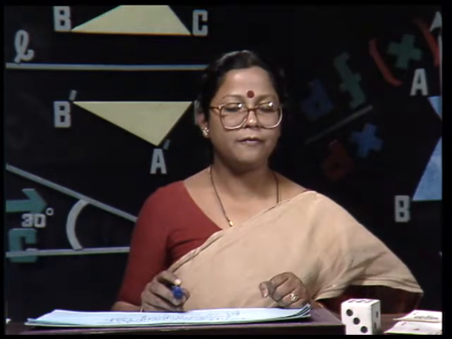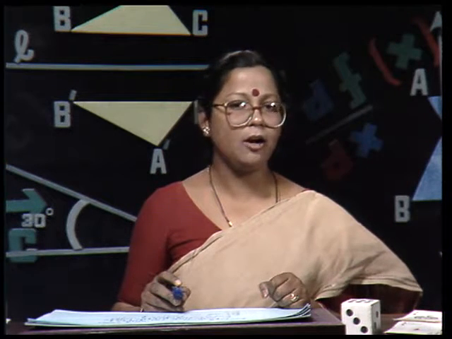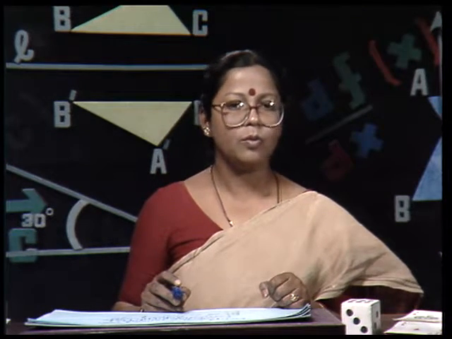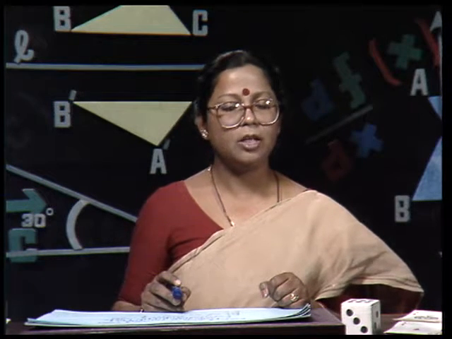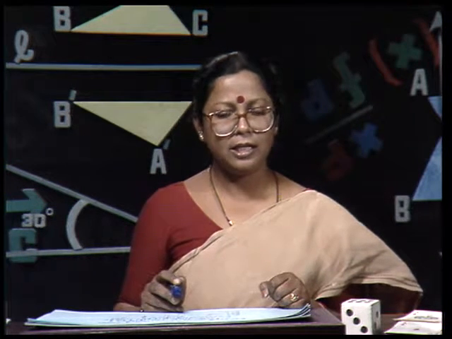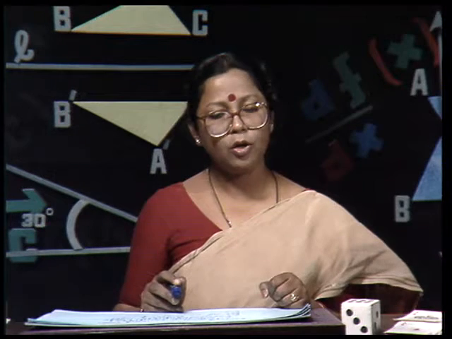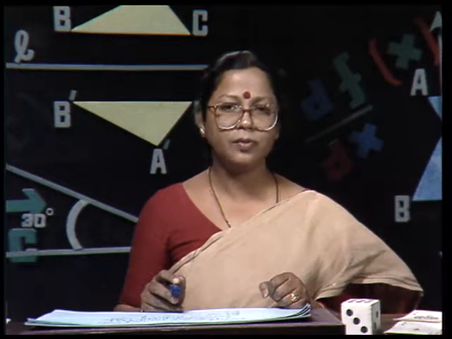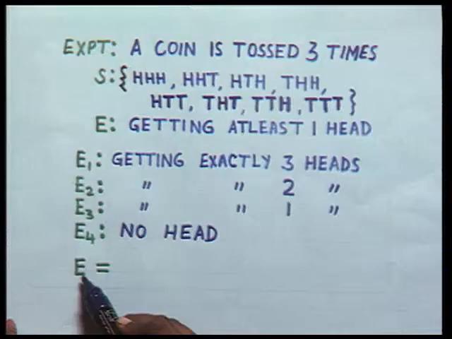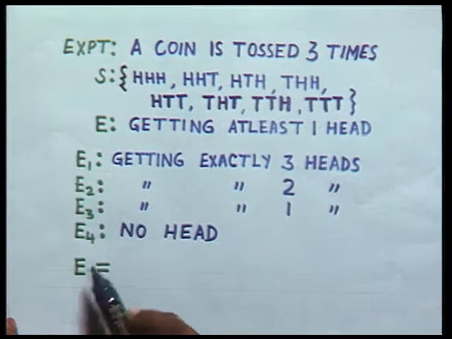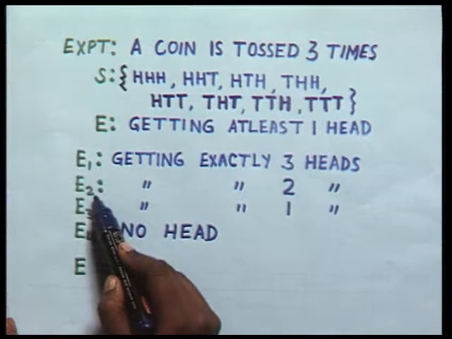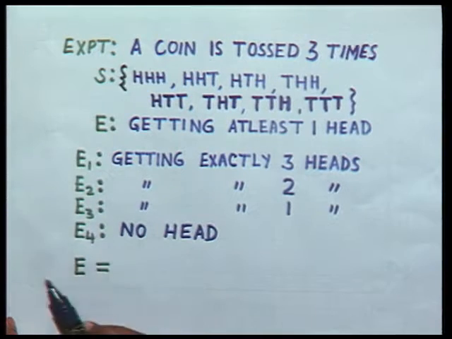Now, we have to find out the probability of getting at least 1 head. Now, this event will occur if we get 1 head or 2 heads or 3 heads. That means, event E will occur if E1 or E2 or E3 occurs.